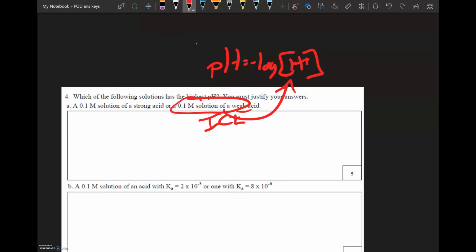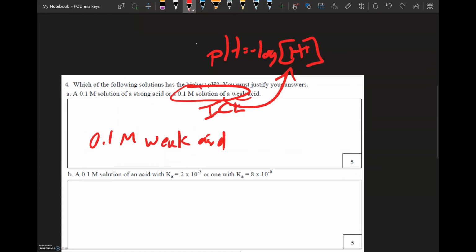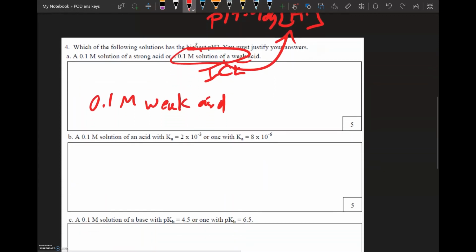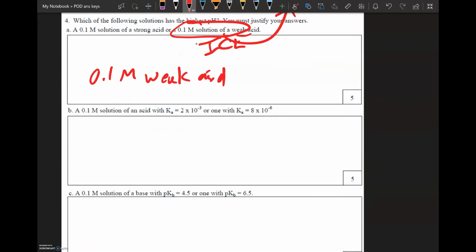So the 0.1 molar solution of a weak acid will have a higher pH than the strong acid because it dissociates in a much lower percentage in comparison to the strong acid, which all of it dissociates. And that goes back to the clear understanding of the definition, strong versus weak.